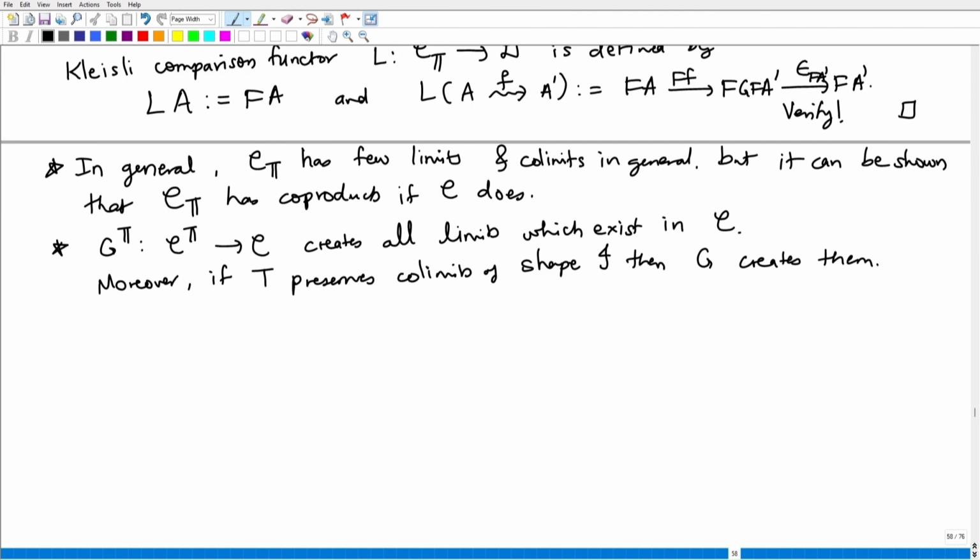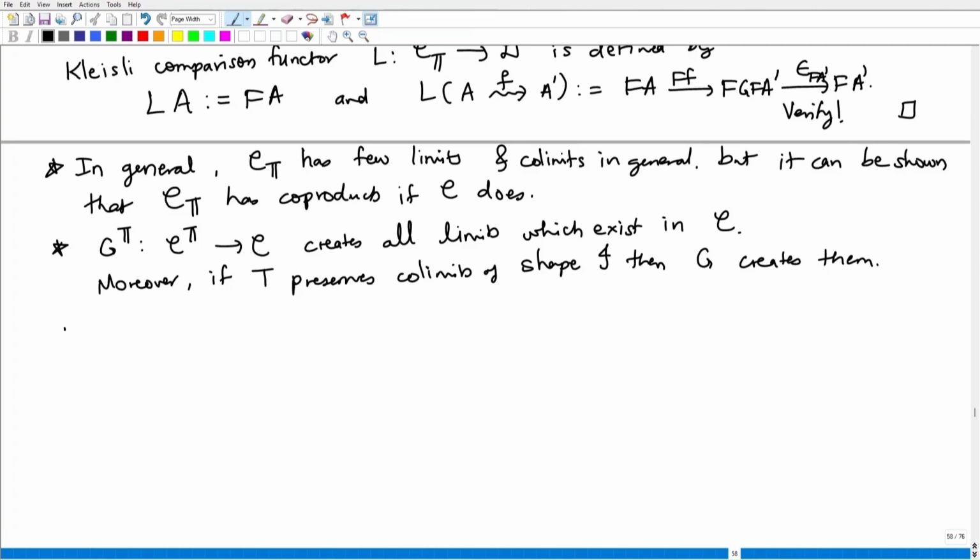It says that if the endofunctor preserves something, then G will create those co-limits. I'm giving these things without proof. I just wanted to give you an idea of how monads work, and you have seen such proofs already. How to show that something creates limits, how to show that something preserves limits. You have already seen enough proofs of that kind.